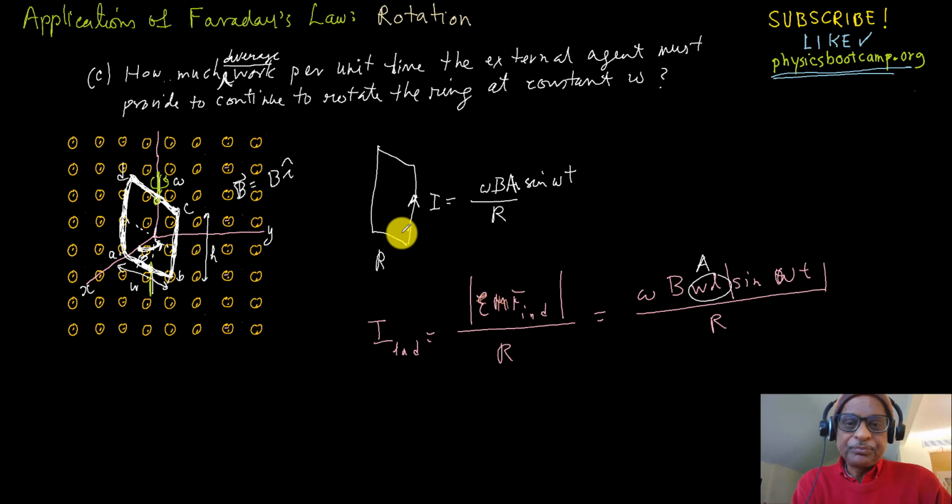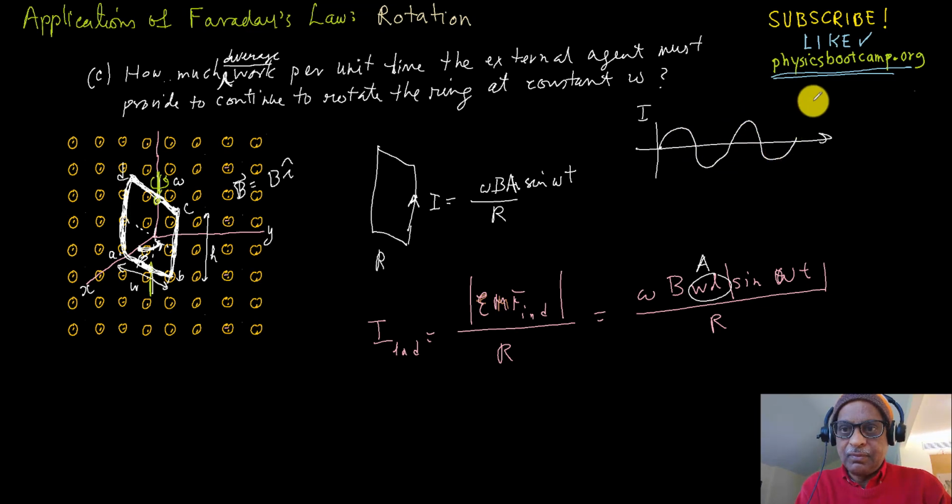Okay, so we are looking at a really steady situation. So this is kind of like an AC current, right? This is an AC current situation, alternating current going back and forth.